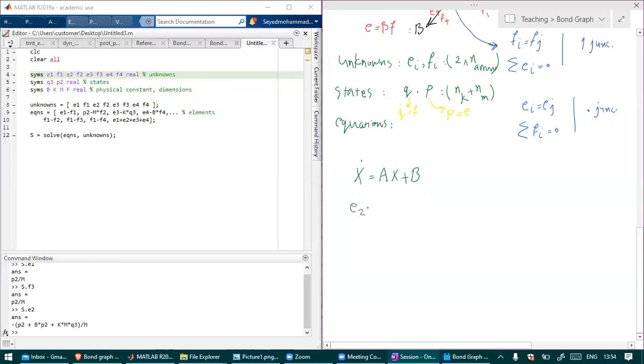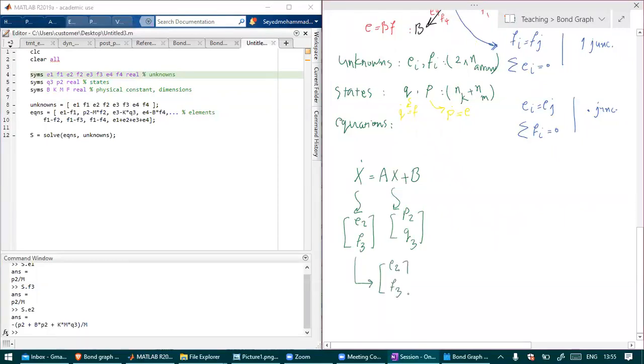P2 and Q3 are the states, so Q dot becomes basically E2 and F3.